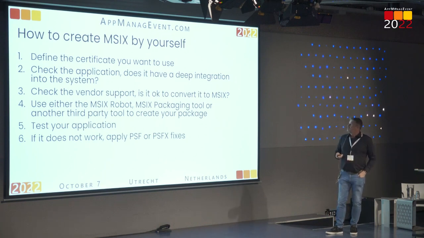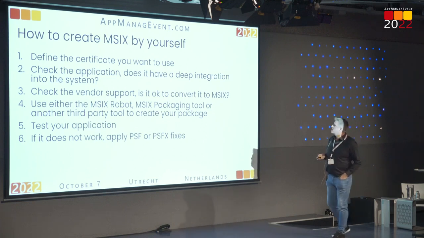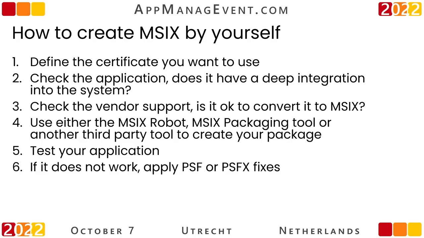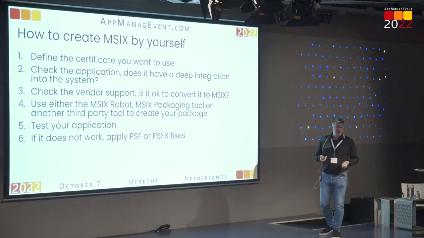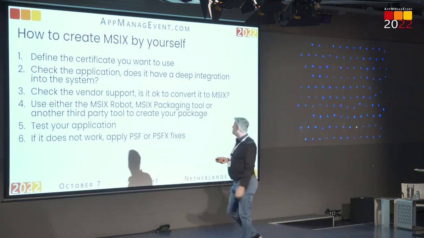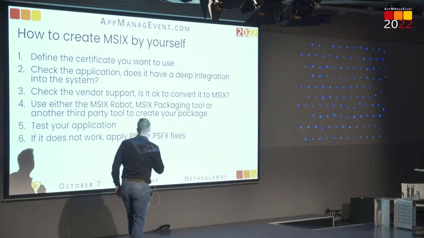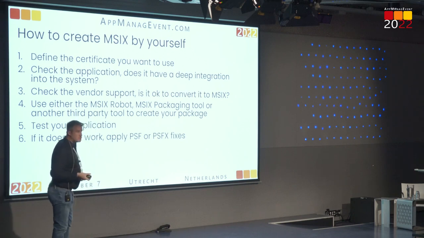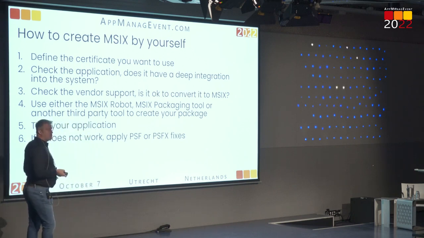So how would you go on if you want to make your own MSIX, if you want to run this in your environment? Perhaps the first thing is you need to be aware what kind of certificate you want to use. As I mentioned before, all the MSIX files need to be signed by a certificate. You can create your own certificate. You can buy a certificate from the big vendors.